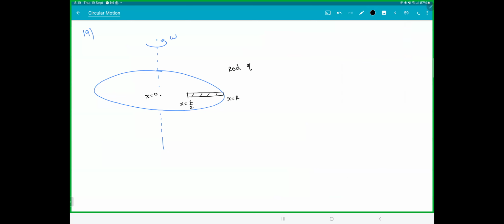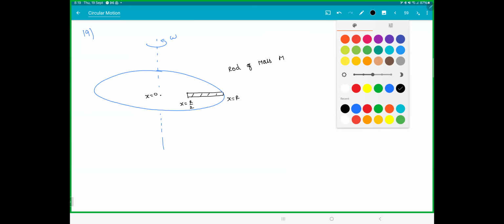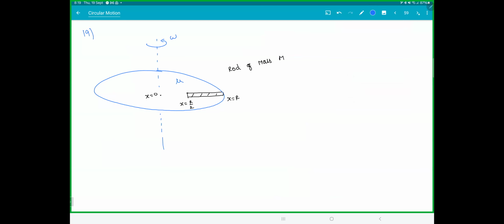This is a rod of mass m. And the surface is rough, so there is a friction mu. This is a rough rotating disk. Find omega so that the rod doesn't slip.